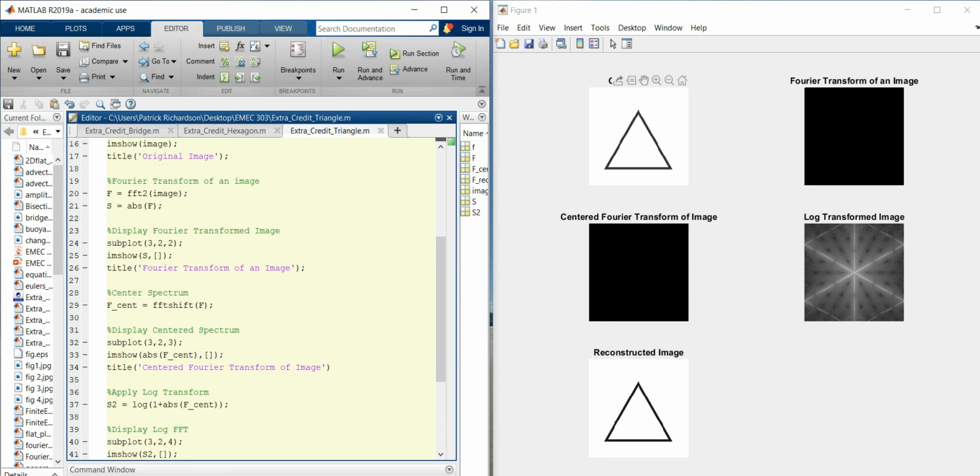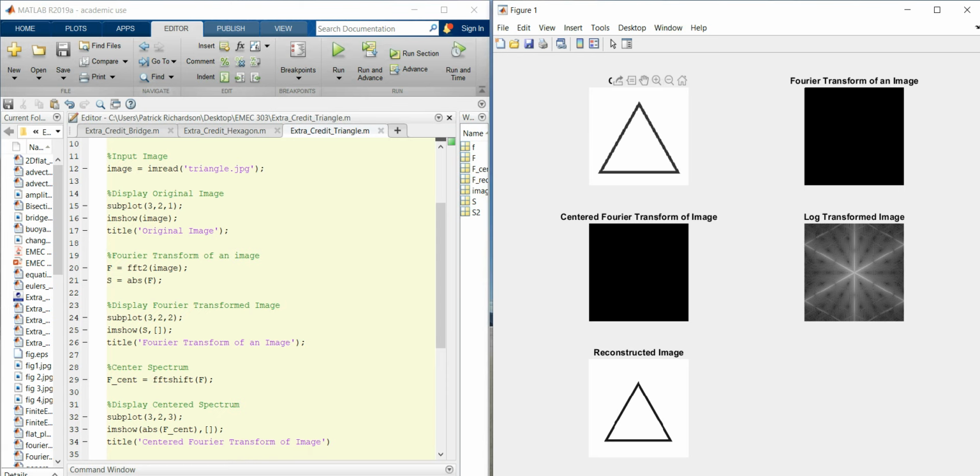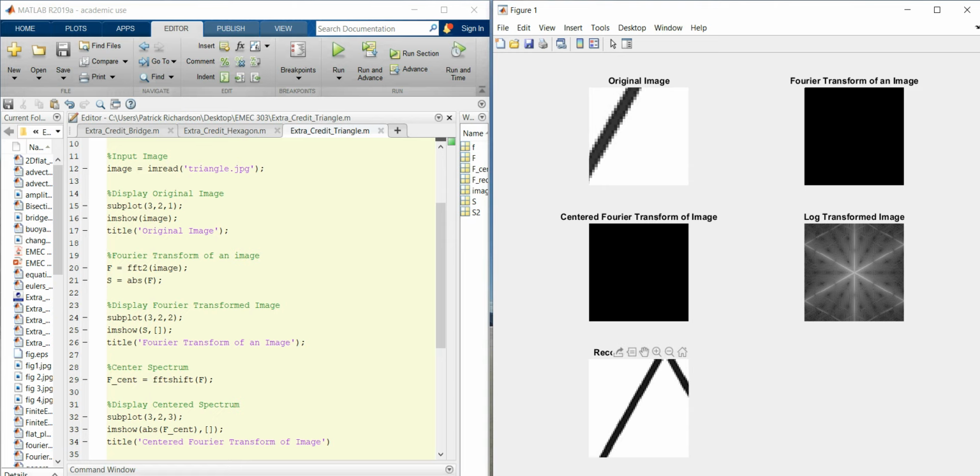If I zoom in here, you can see that there was already a bit of pixelation, but it's a little bit darker here, and the image was altered, but very minimally.